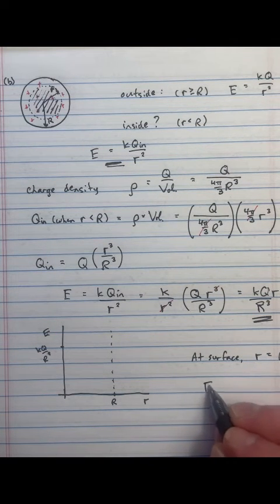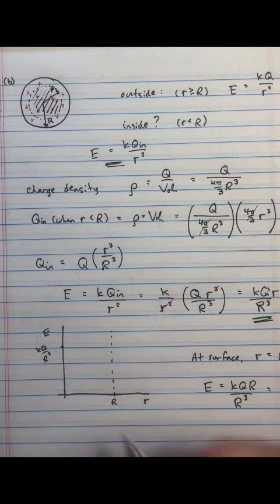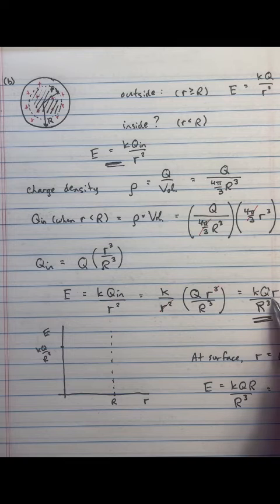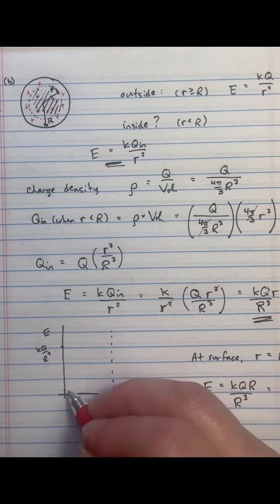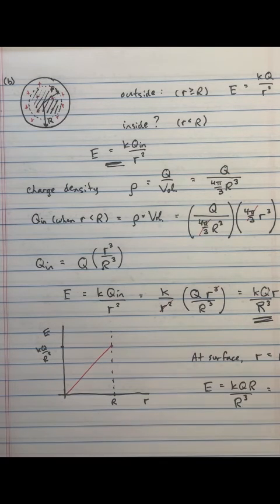And now the electric field is KQ capital R over capital R cubed, or KQ over capital R squared, like that. So what happens if we were to graph this is we start at 0, it goes up in a linear fashion, straight line fashion, like that, and it goes up all the way like this to this point here.